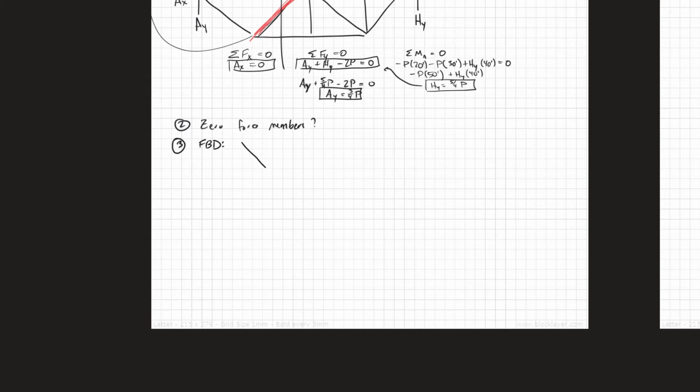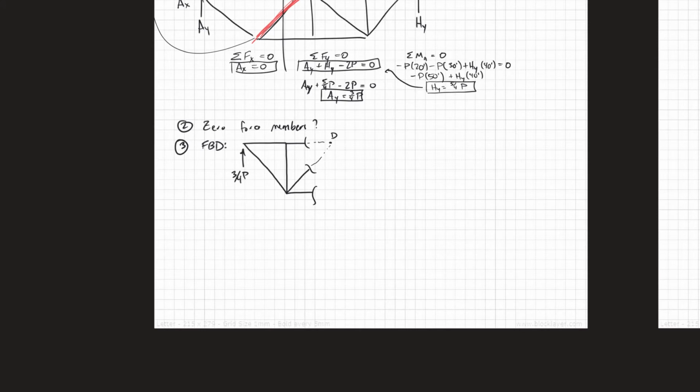Okay, so it's going to look like this. I'll go ahead and draw even that zero force member. It won't matter, because in this case the zero force member is internal. So here we go. I'll note that these two kind of pass up and they both run into this point over here, D. Not that it's critical, but it is there. And right here I've got AY, so I've got a 3/4 P right here.